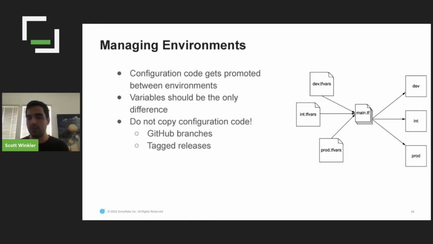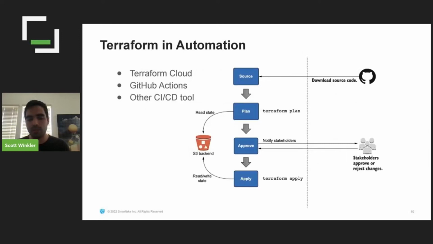If you need to do this promotion process, you could use GitHub branches or tagged releases. And in terms of automation, you could do Terraform Cloud, where you link the workspace to a specific branch or repository.